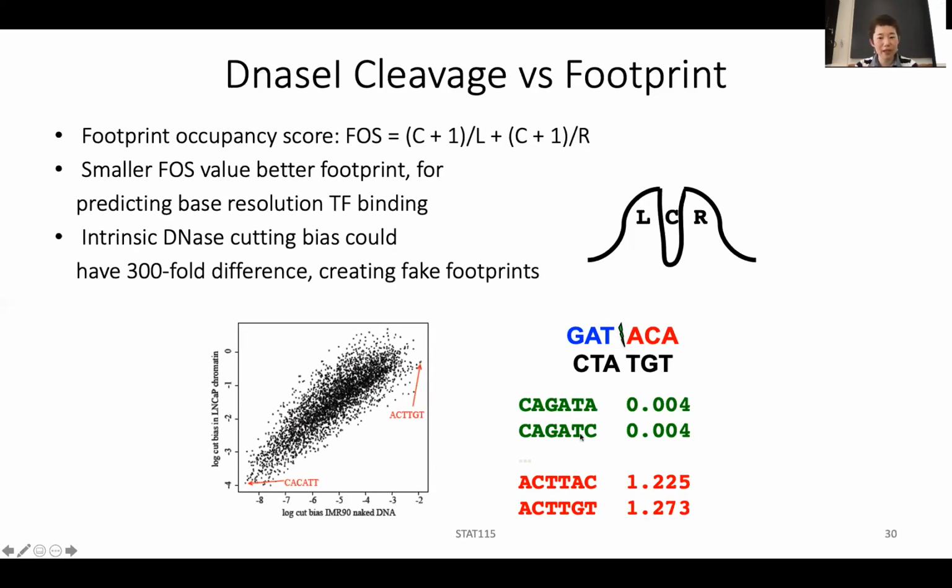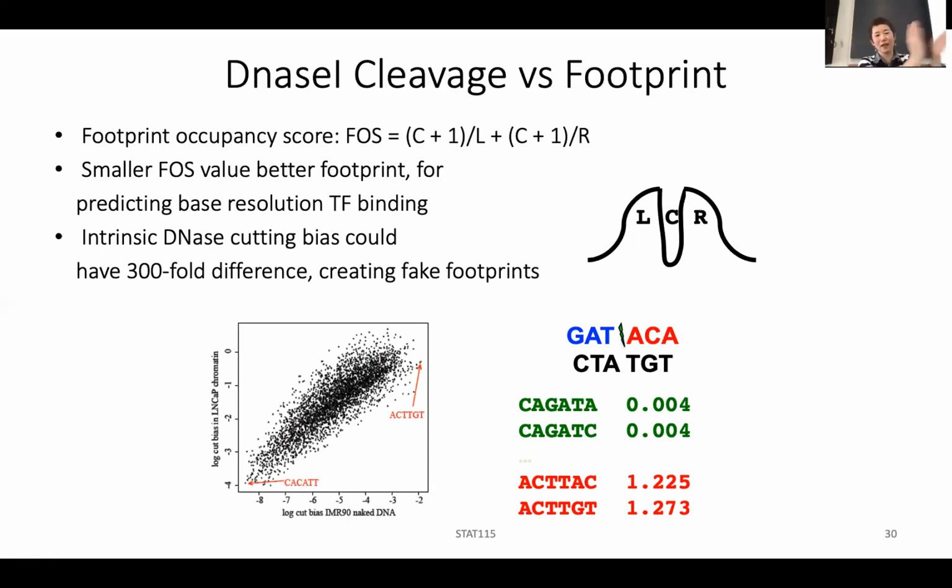You can see, for example, some regions can be cut quite frequently, whereas other regions may not be cut at all. And so the intrinsic DNase cutting bias can make as big a difference as 300-fold, which means that sometimes you might have a left and right that are very high and a middle that's really low, but that's caused by cutting bias.